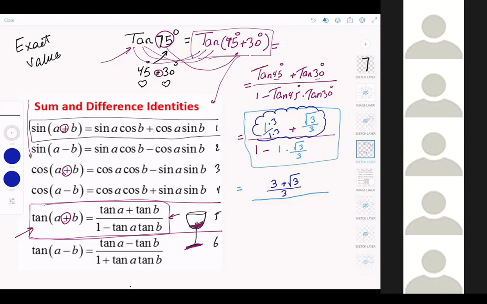In the denominator, I'm going to multiply this by 3, and multiply that by 3 to have the same denominator. Then we have 3 minus root 3 over 3. This 3 and that 3 will cancel. The answer will be 3 plus root 3 divided by 3 minus root 3.